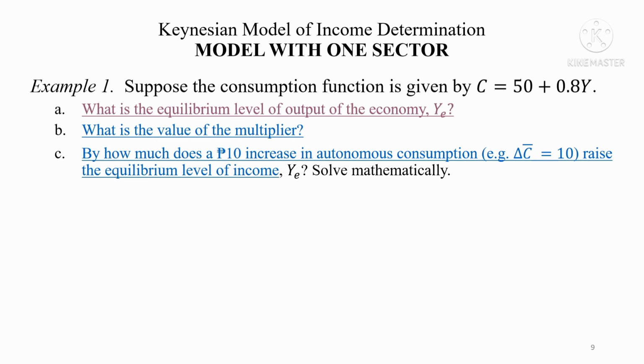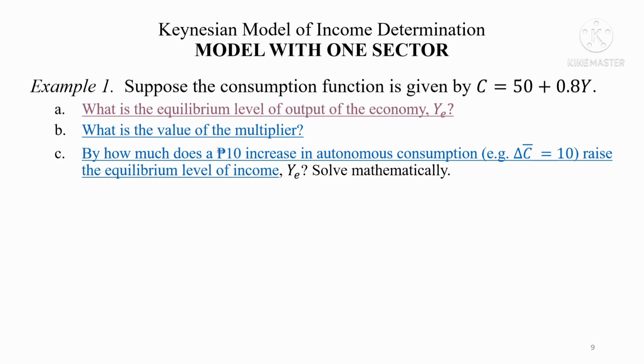Now we will determine the equilibrium level of income mathematically in an economy with only one sector. Suppose the consumption function is given by C is equal to 50 plus 0.8Y. This is an example of a consumption function. 50 here is called the C bar, and 0.8 is called the marginal propensity to consume.